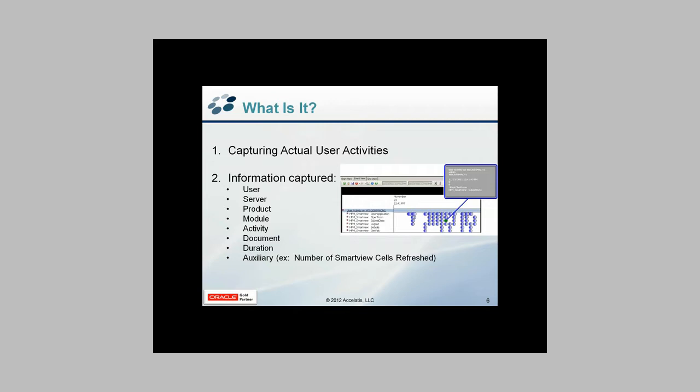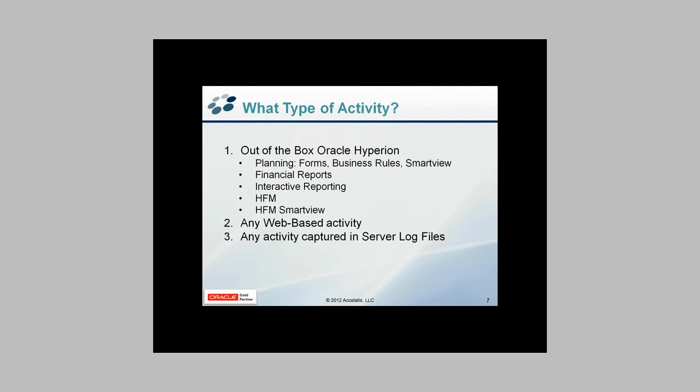So if it's a financial report, a Smart View grid, or a planning business rule. We also want to know how long the operation took, and any additional information. For example, in HFM Smart View, we can capture how many cells were being requested or saved, and so on.